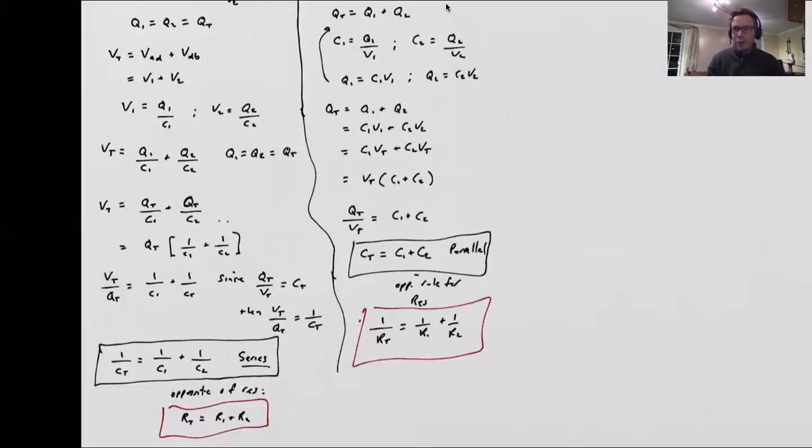So if we could do it for resistors, we can now do it for capacitors. All we have to do is change our brains around and say, aha, what was series now becomes parallel, and use those rules, and we'll be able to find those net capacitances instead of the net resistances. It's as straightforward as that.